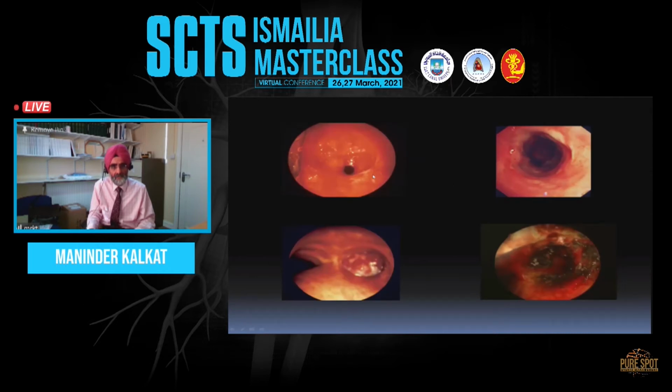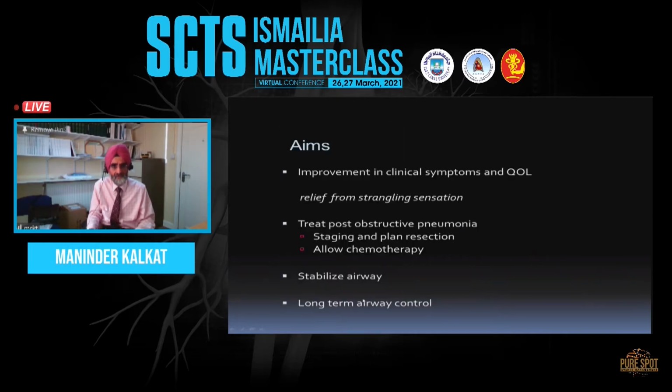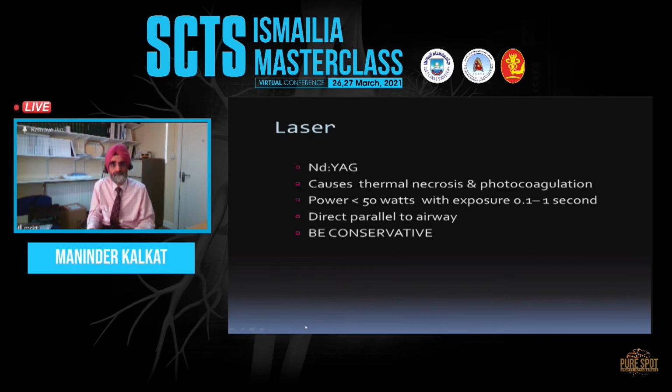And this is what it really looks like, a blocked airway, and you can easily, with a laser or with a cautery or with any other means, go through the tumor. So the aims for palliation are that you improve the clinical symptoms and quality of life, and relief from strangling sensation. And then you can allow other treatment to be given.